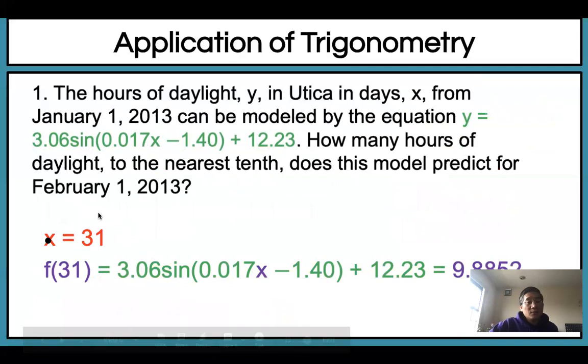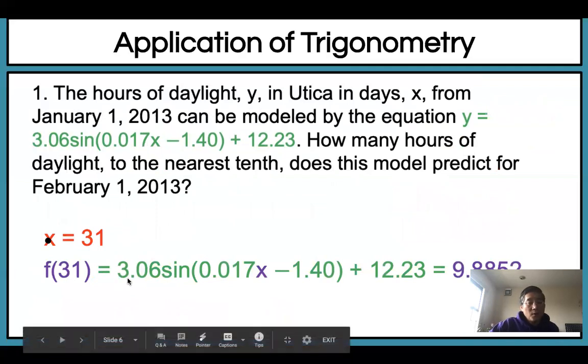You plug in x equal to 31. So 3.06 times sine of 0.017 times 31 minus 1.04, plus 12.23.